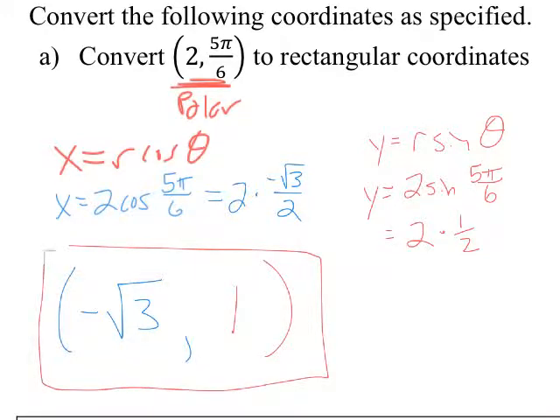There's our rectangular coordinate that is equivalent to that. Graphically, you could think of the polar coordinate: we go to the angle of 5 pi over 6, and we go out 2 units. And there's where our point is. This is exactly the same as the rectangular coordinate negative root 3, 1.